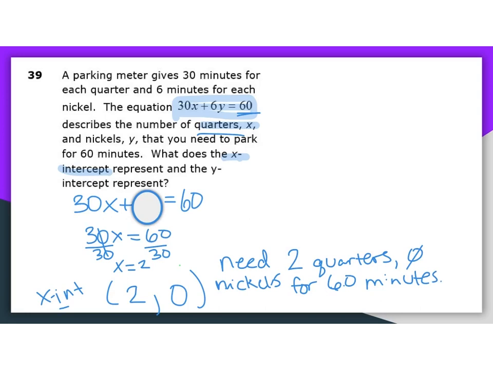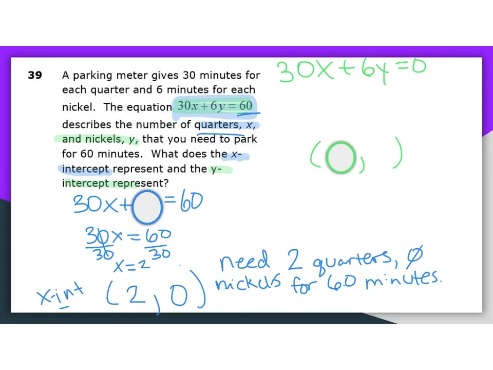The next part is finding the y-intercept. The y value is representing our number of nickels, and we're going to use the same equation. So I have 30x plus 6y equals 60. Once again, the y-intercept means we have an x value of 0.